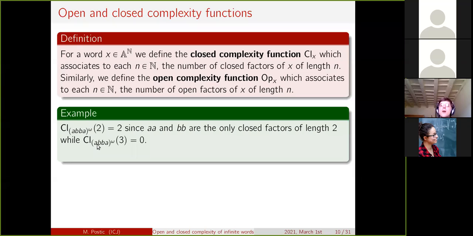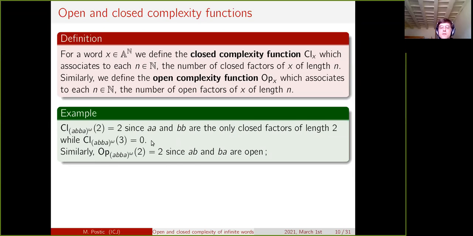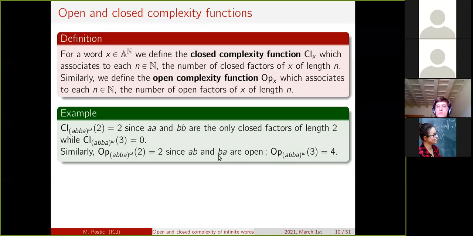The factors of length 3 are going to be AAB, ABB, BBA, and BAA, and all of them are going to be open. And so if you look at the number of open factors for this word, you will have two open factors of length 2, which are AB and BA, and you will have 4 open factors of length 3, which are all of the factors.